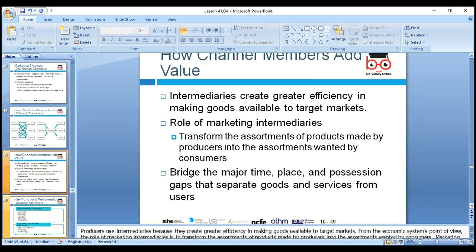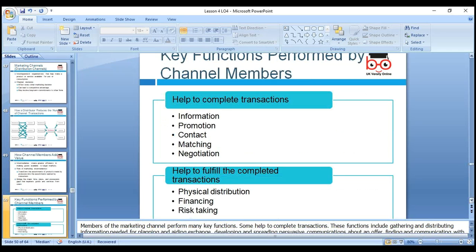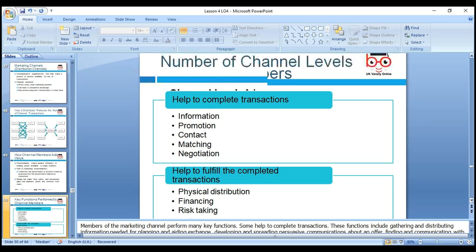We need to make sure how channel members add value to the product, and help to complete the transaction: information, promotion, contact, matching, negotiating, fulfilling the transaction, financing and risk taking.